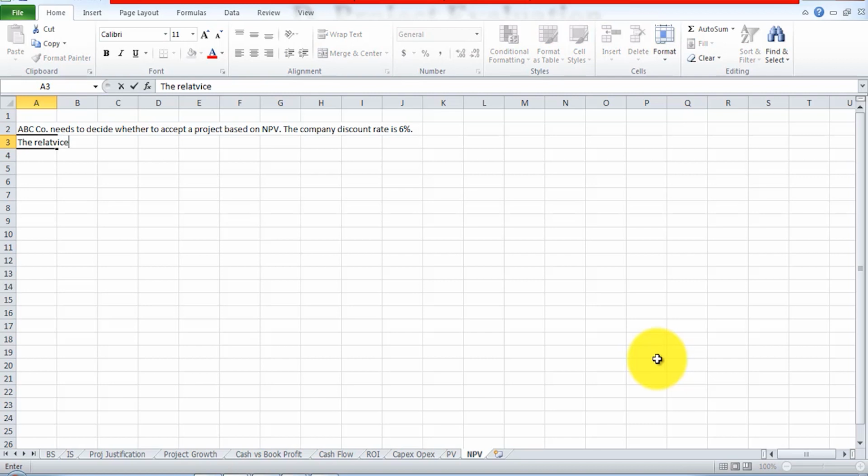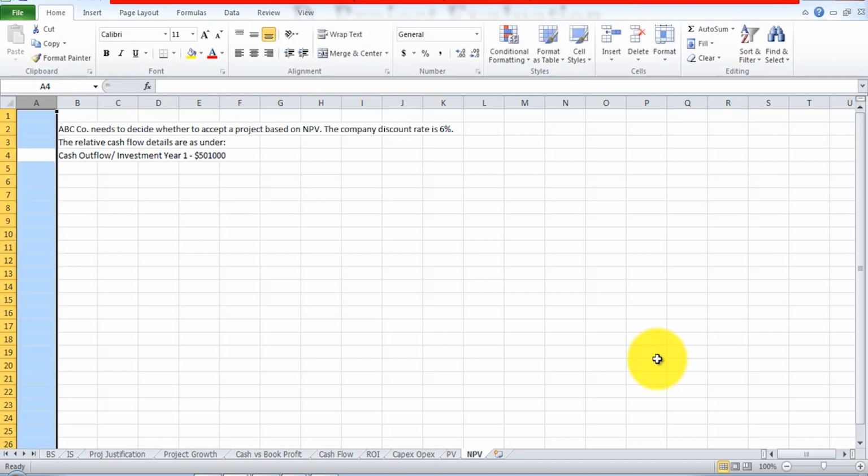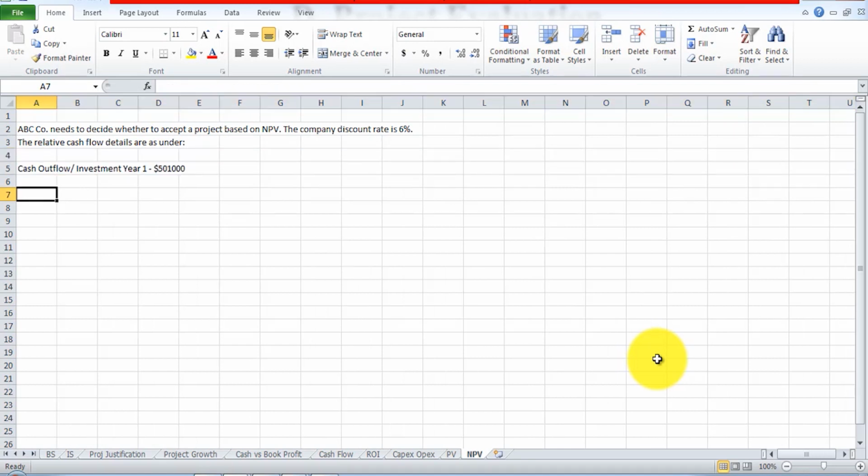The relevant cash flow details are as under. You have your cash outflow, or you can also say an investment for the project, in year one itself for, let's say, $501,000. You have the cash inflow over 8 years as follows.